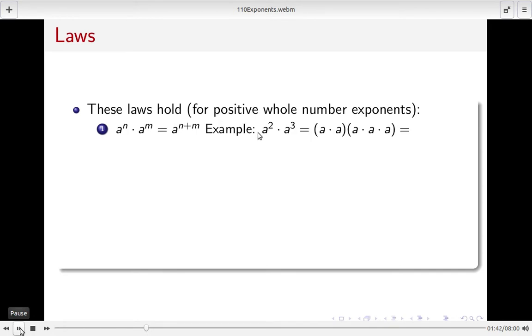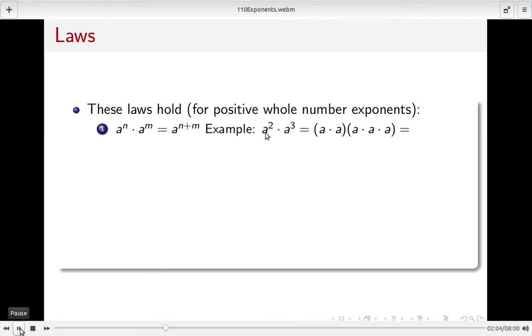Let's try a to the second times a to the third. Before I go on, I just want to mention that a to the second is sometimes pronounced a squared, and a to the third is sometimes pronounced a cubed. And I may do that throughout this video.